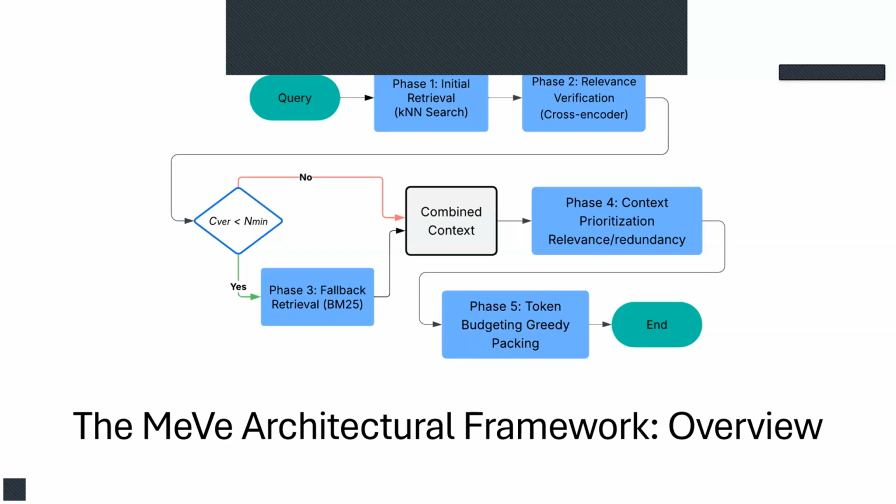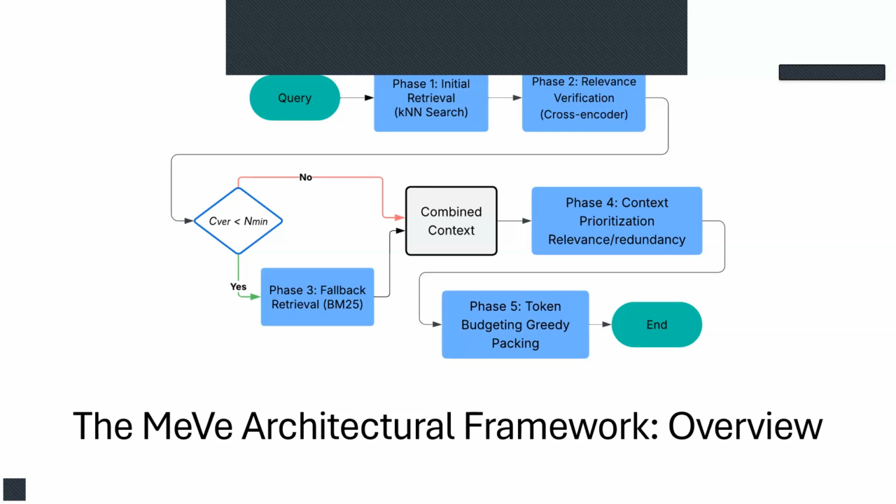And then we go on to phase 5, which is token budgeting, where we use the greedy packing algorithm. And the challenge: large language models have a strict limit on how much text they can process at once.